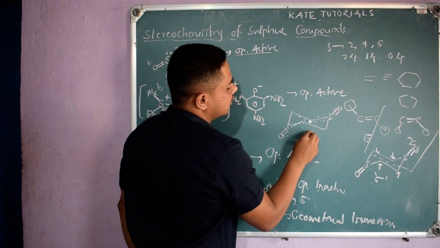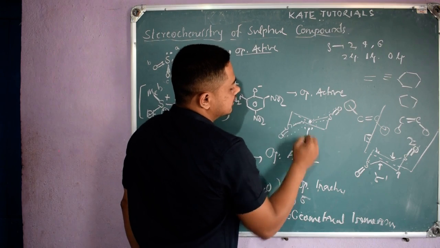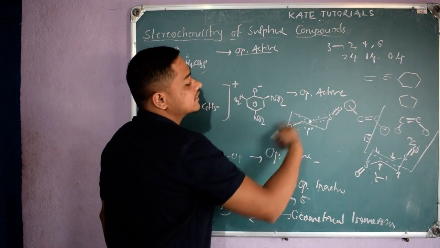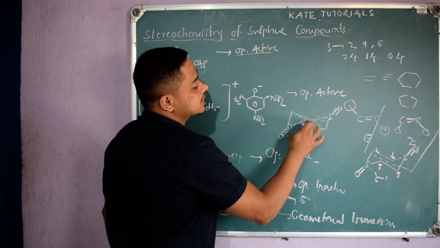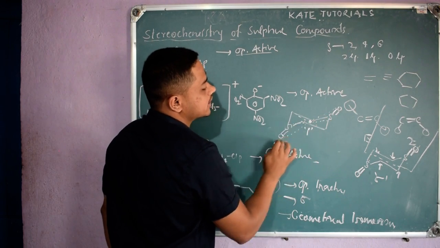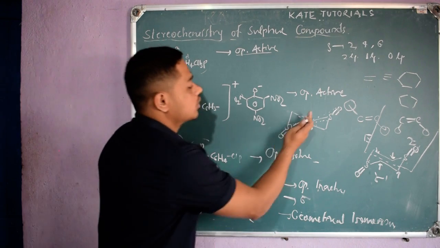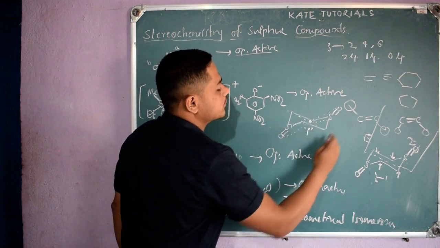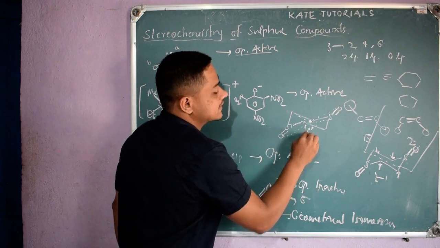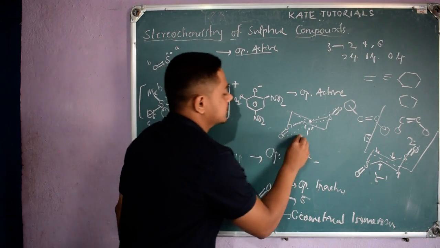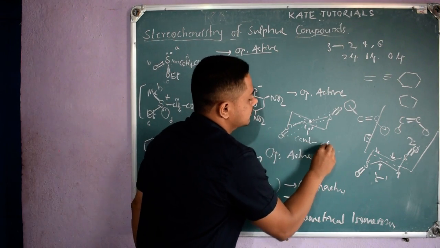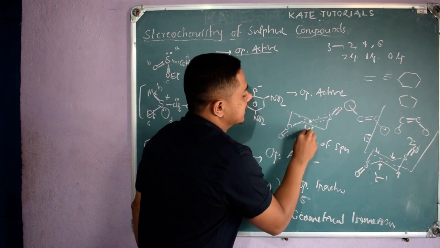So this point we call the center of symmetry. From here equidistant, from here equidistant, from here equidistant, from here equidistant. So from everywhere it is equidistant. So from here also it is symmetric, here also symmetric. Such a point we call the center of symmetry, which is indicated by i.